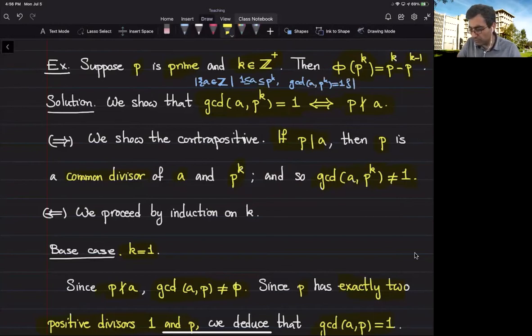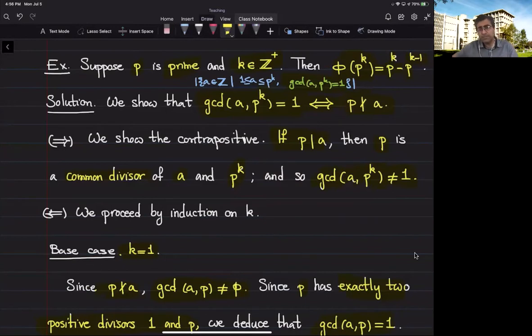In particular, we need to understand these numbers better, and the next claim is going to give us a concrete understanding of such an integer. It says that an integer a is co-prime with p to the k precisely when p doesn't divide it. And the crucial thing is that p is a prime number.